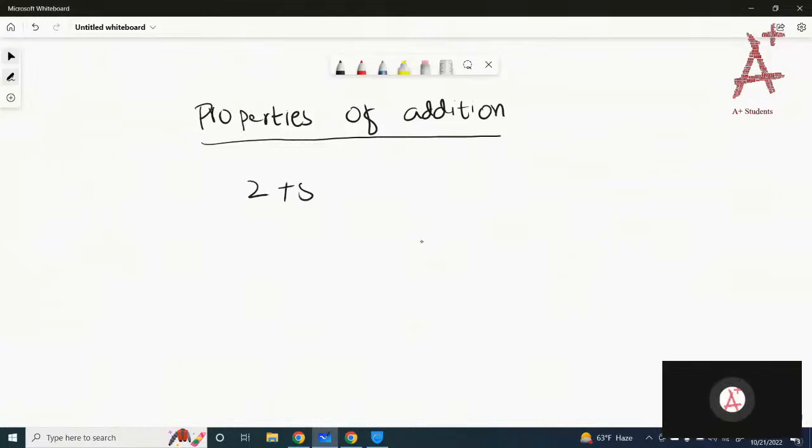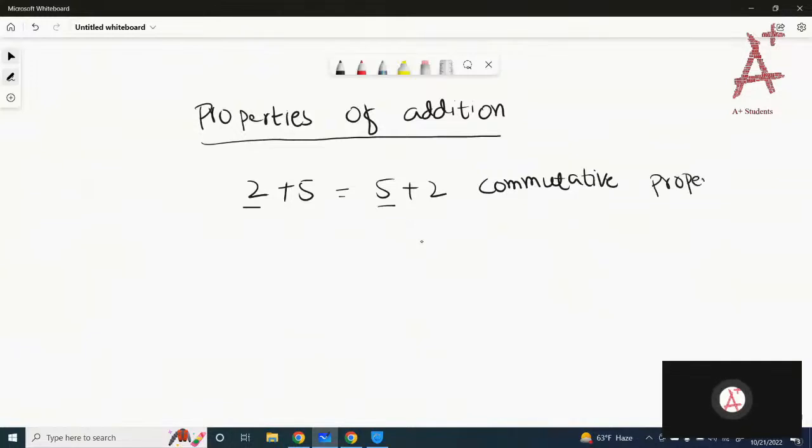You have 2 plus 5 equals 5 plus 2. Whenever two digits are involved, they are just written in a different order. Here you have written 2 first, and there 5 first, but on both sides the numbers are exactly the same. Whenever two digits are involved, the property is the commutative property of addition.